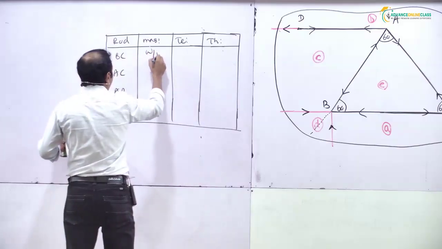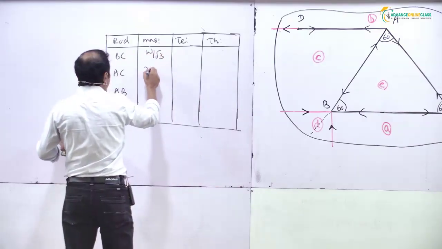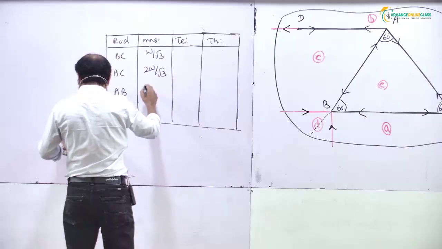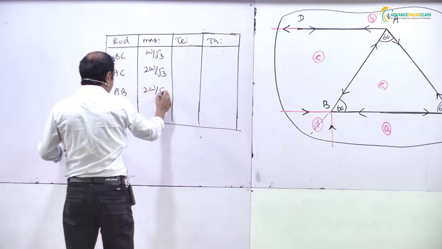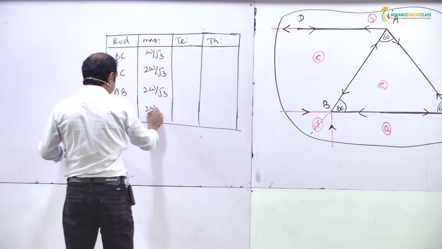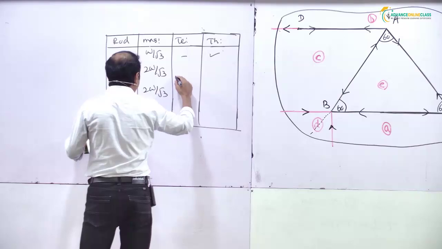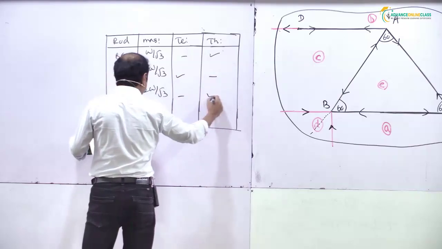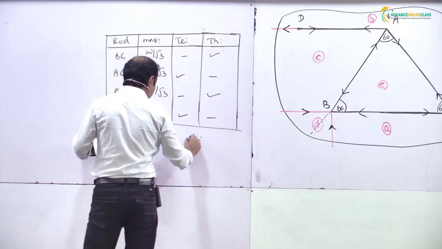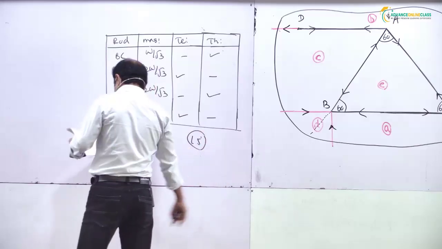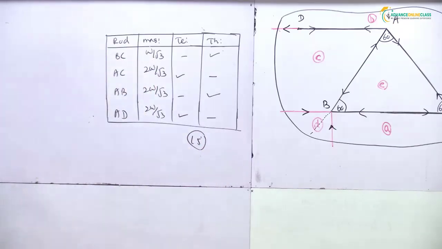Here, W over root 3, 2W over root 3, 2W over root 3, 2W over root 3. This way, we get for this table 15 marks. We get this way, that answer.